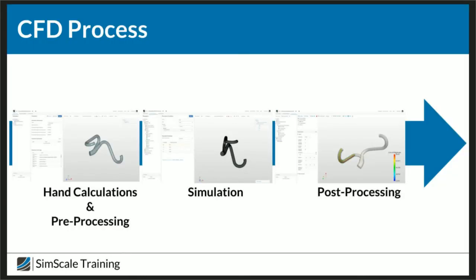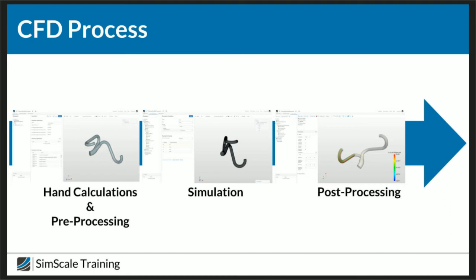So just the basic overview of the CFD process we'll be following. The first step would of course be to make some hand calculations from which we can determine a starting point. After the hand calculations, we move on to the pre-processing, where we import the CAD model first, then generate the mesh.